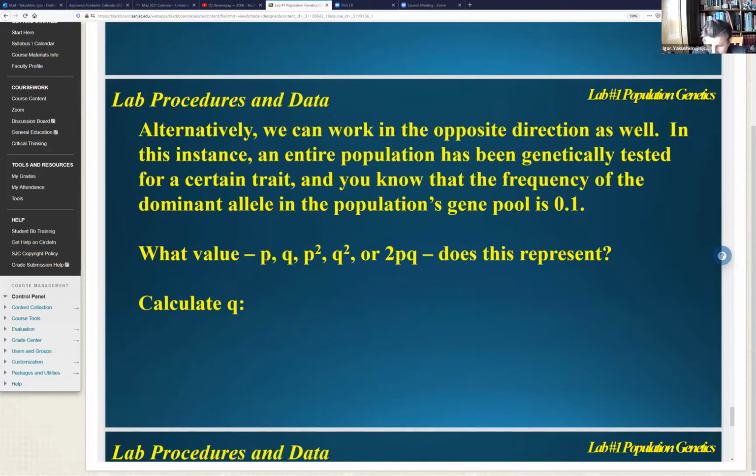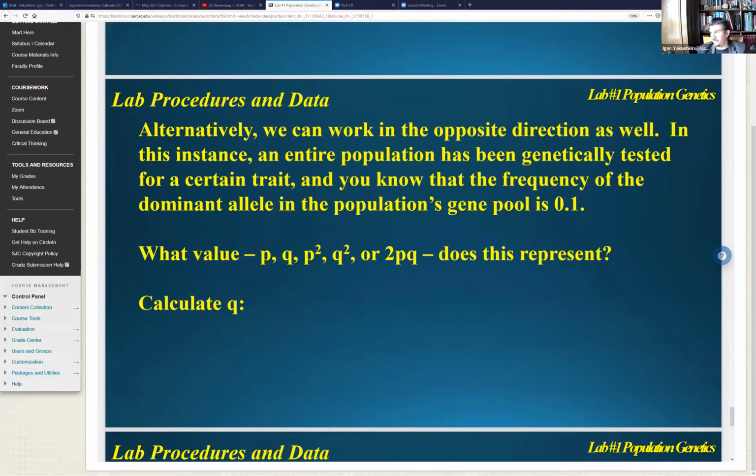Now 2PQ will be equal to 2 times P, which is 0.1, times 0.9. 0.2 times 0.9 would be 0.18.